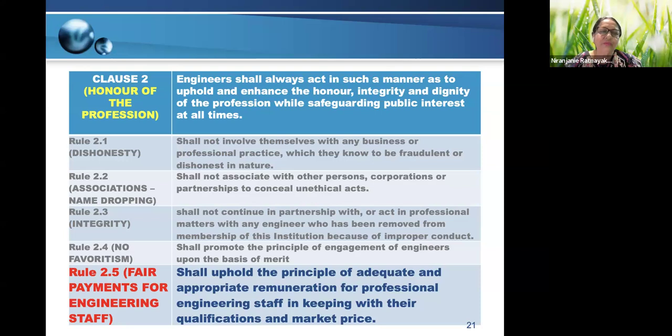Right? There have been cases where, trade unions are there, but as a professional engineer, you yourself should make sure that your juniors are being paid well if you are employing anyone, or if you see that engineers are not being remunerated at the market rate, we have to act and make sure that that is corrected.